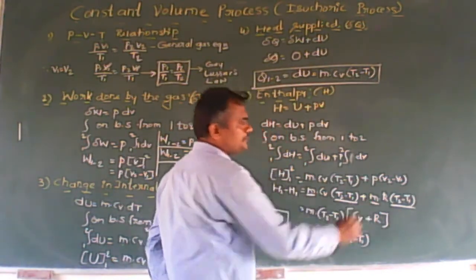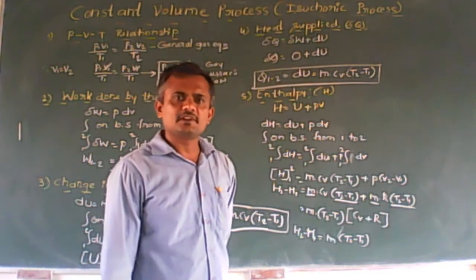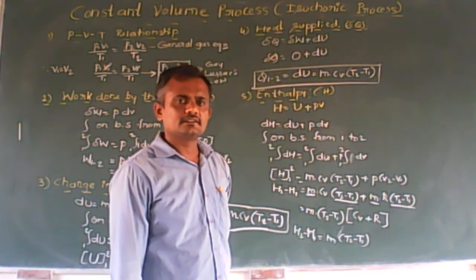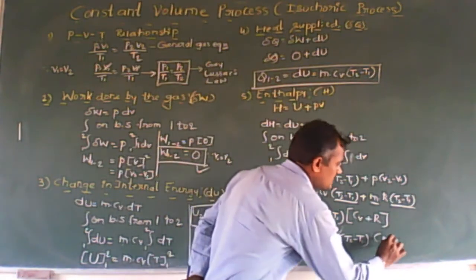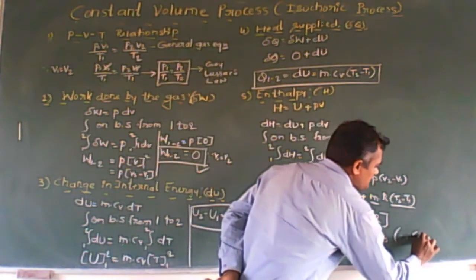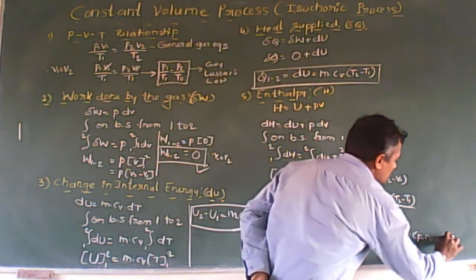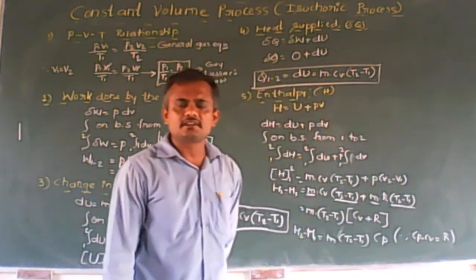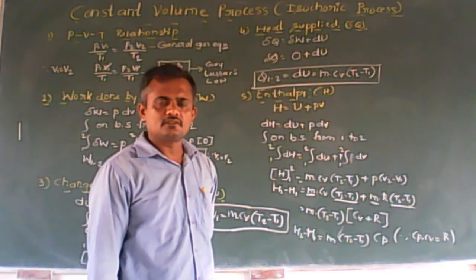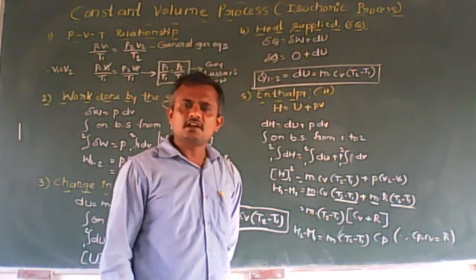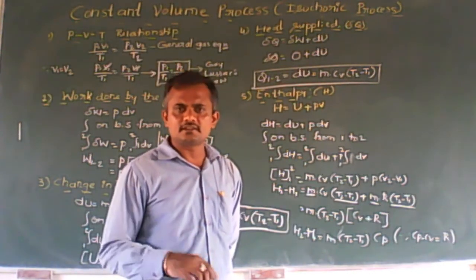Instead of Cv plus R, I can write it as Cp, since Cp minus Cv is equal to R. That is the derivation which I have done clearly in the previous class.